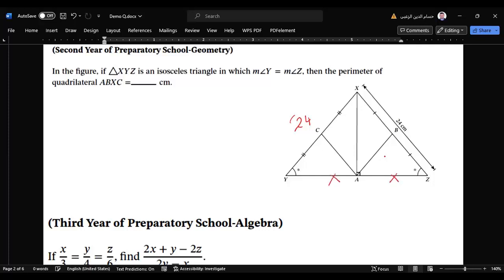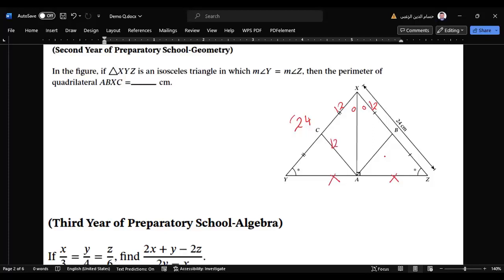And it bisects the vertex also, this equals this. P is a midpoint, then this side is 12. And C is a midpoint, this side is 12 also. And here, C midpoint and E midpoint, then AC is parallel to XZ and equal to half XZ. So this also is 12.